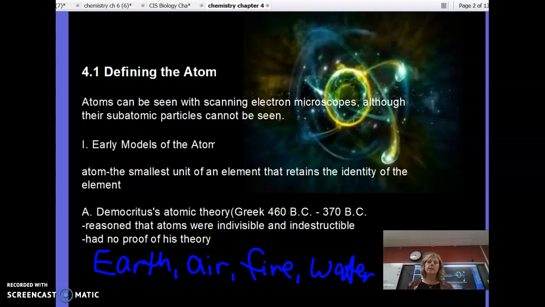So he thought that humans were made of different combinations of earth, air, fire, and water than, say, a rock. But again, he didn't have a lot of proof, so this was him just thinking outside the box for his time. But it's pretty awesome that he came up with the idea that there were atoms. He's not quite right about the number of different types of atoms, and certainly Earth itself is not one particular atom. But still, forethinking for his time.